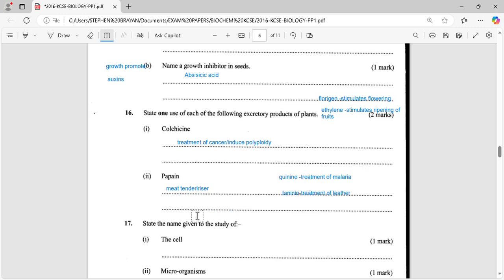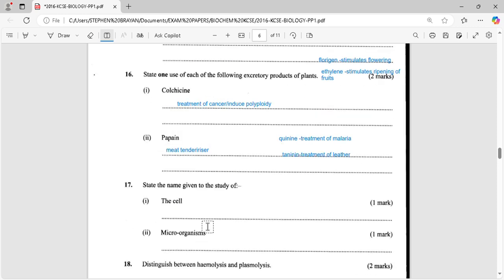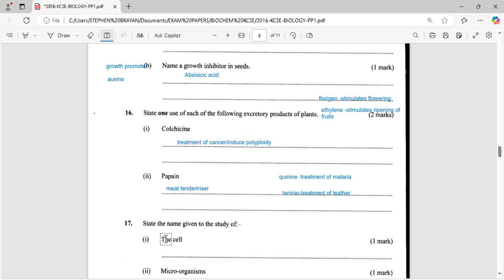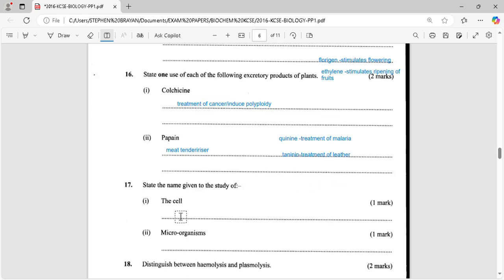Then you go to question 17, where you are now asked, state the name given to the study of cells. The study of cells is called cytology. So you need to know that. Then the study of microorganisms is called microbiology.